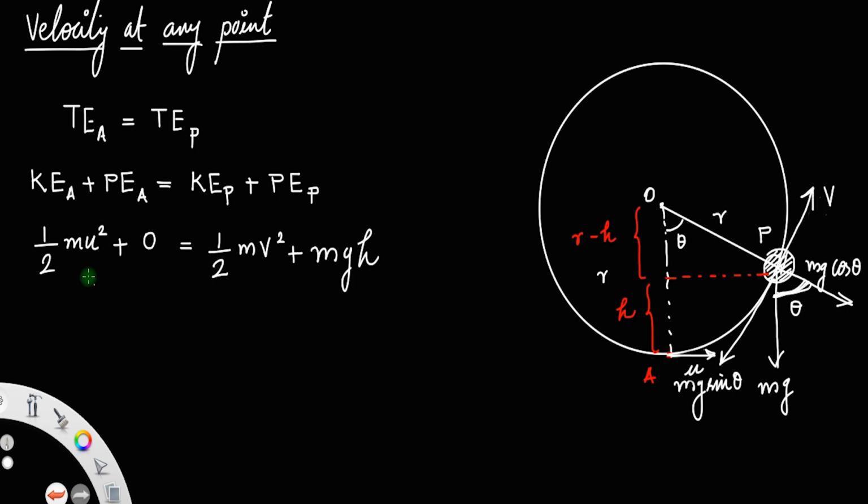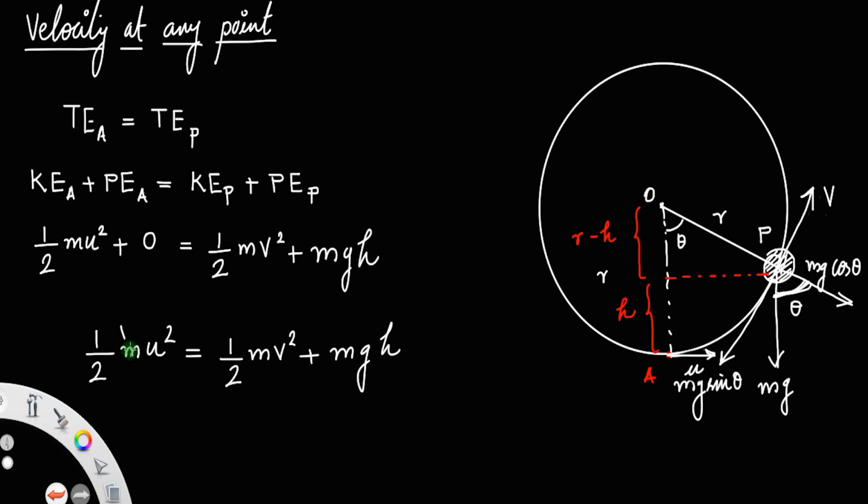So you can take this m outside, half m u square equals half m v square plus mgh.